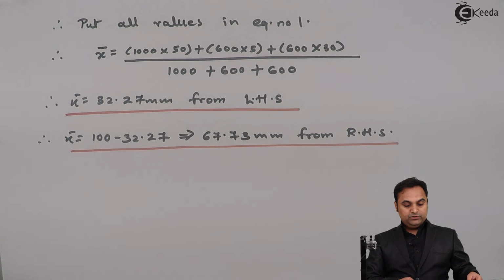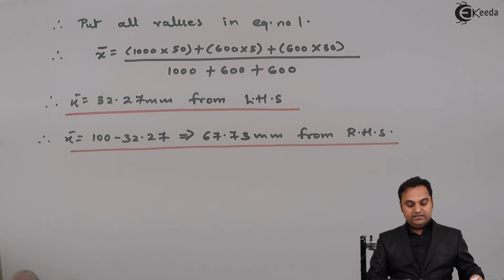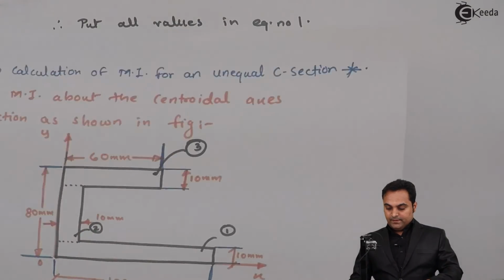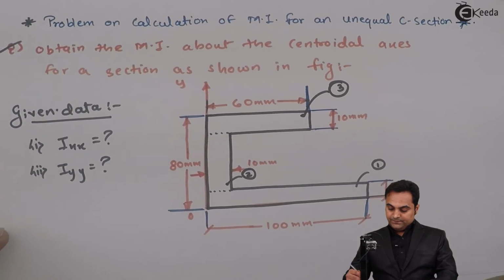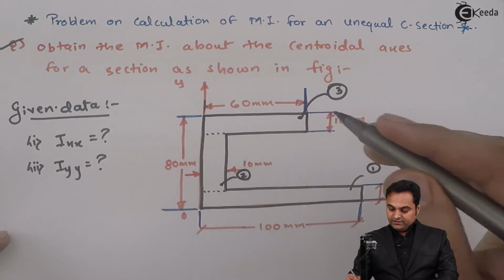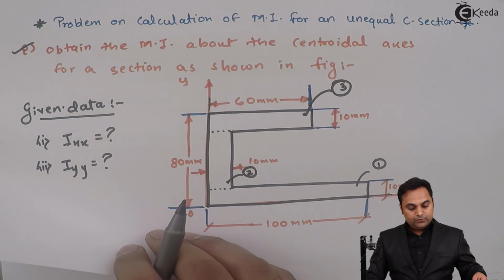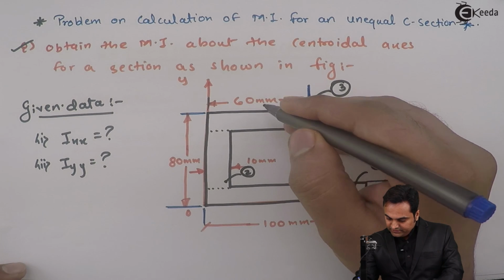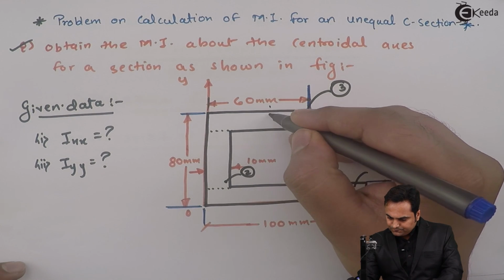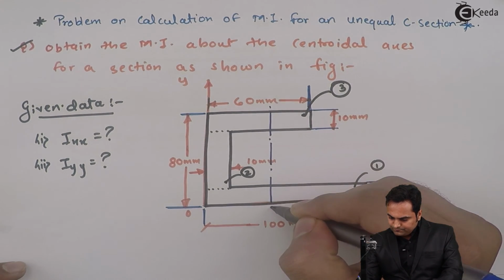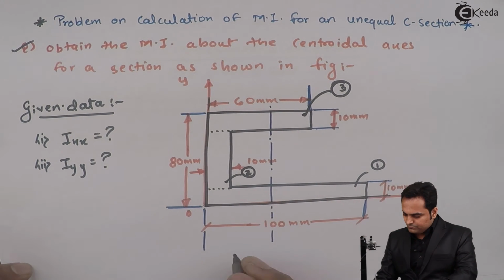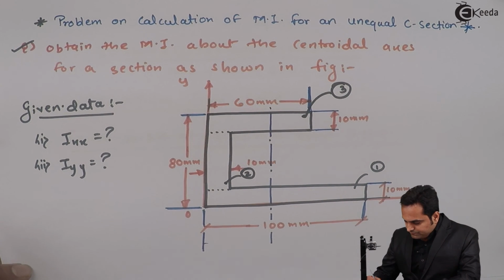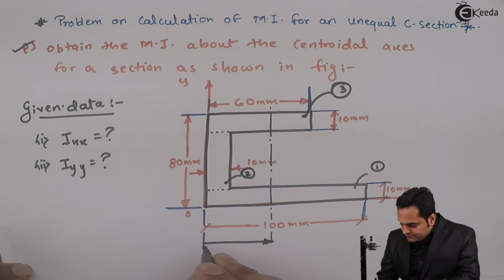Now once we know the location of y-axis, we can easily locate it on the diagram, that from LHS it is at 32.27 mm distance. So here I am locating the y-axis. This is x bar, 32.27 mm.